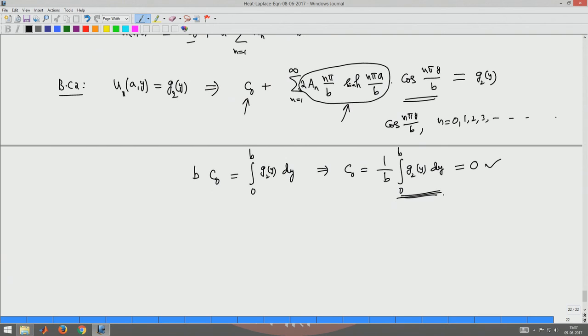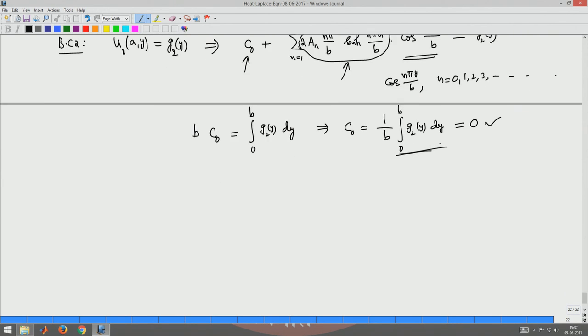If this is non-zero, what happens? Physically, you cannot have this; it is a necessary condition, and we have seen it mathematically also. I have shown that this has to be 0, the contribution of the Neumann condition on the boundary has to be 0. So this is 0. And what happens to the other boundary conditions?